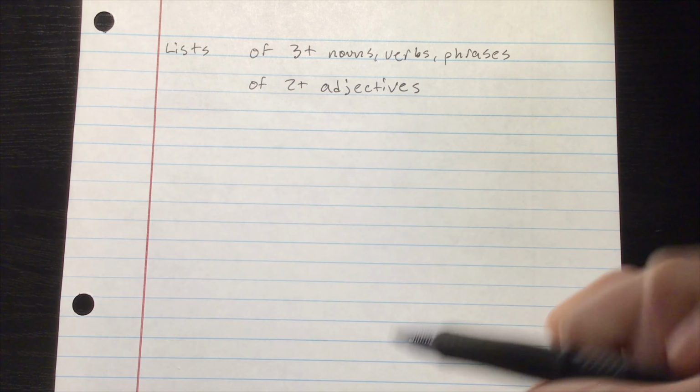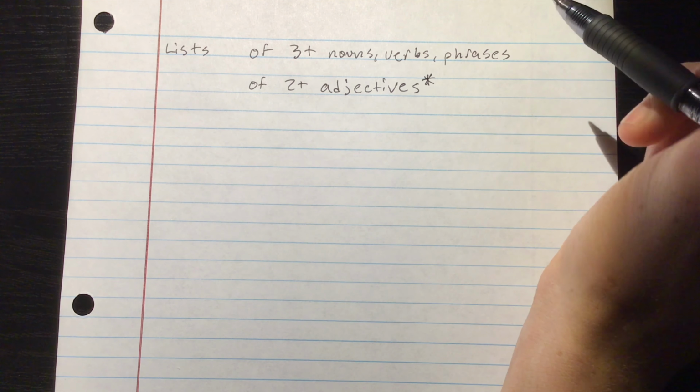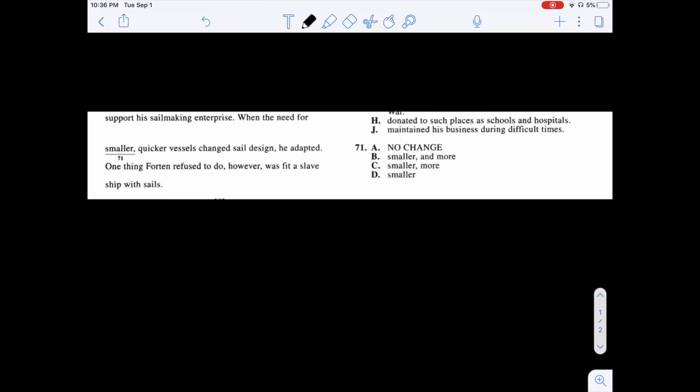The thing I'll say with adjectives, so put a big asterisk right there, is that sometimes you actually don't need a comma between 2 or more adjectives. So there are 2 types of adjectives, the cumulative adjective and the coordinate adjective. The cumulative adjective does not need a comma, but the coordinate adjective does need a comma. You don't need to remember what the names of those are. The thing to remember is this.